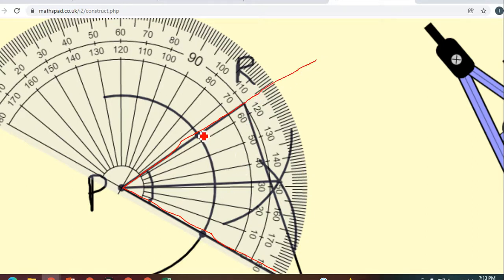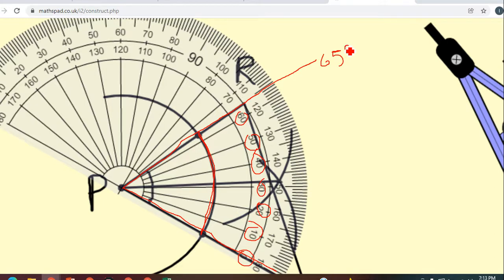So this angle in red is angle P, and all of this is angle P. This is 0, this is 10, 20, 30, 40, 50, 60. So it's basically about 65, right? About 65. Yes, sir.